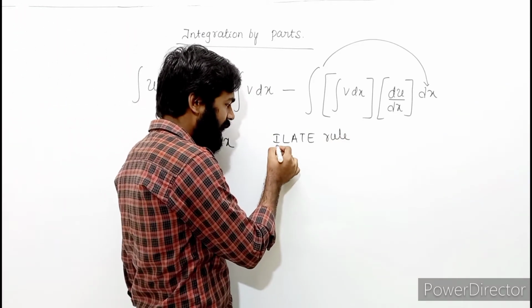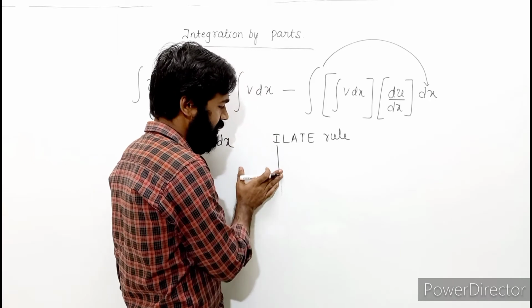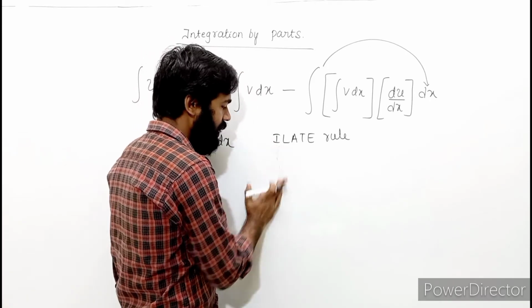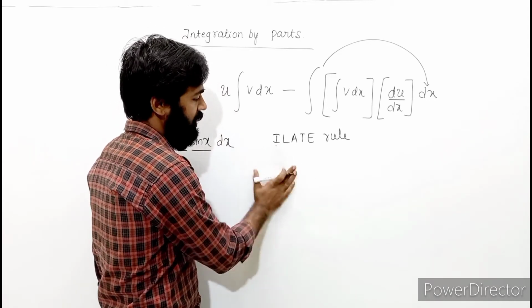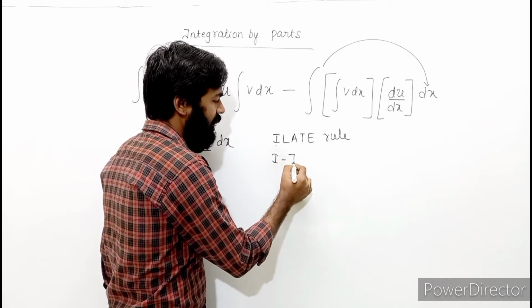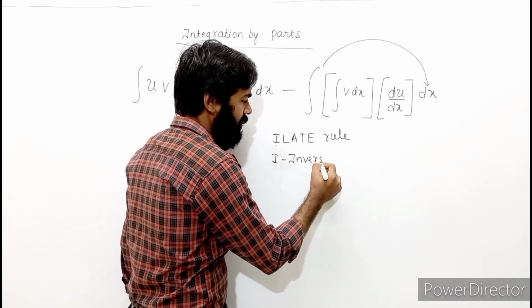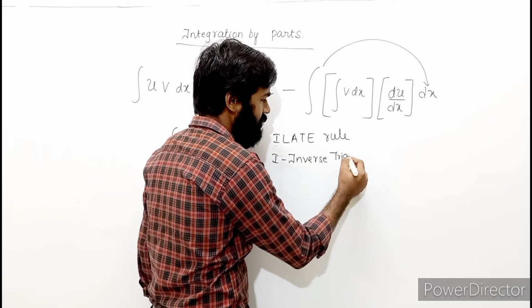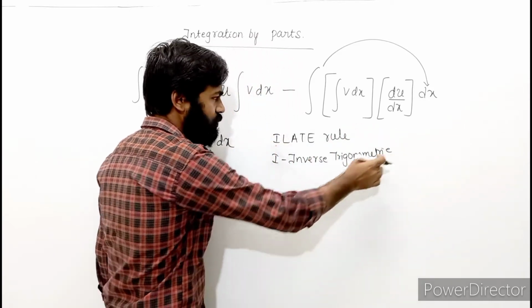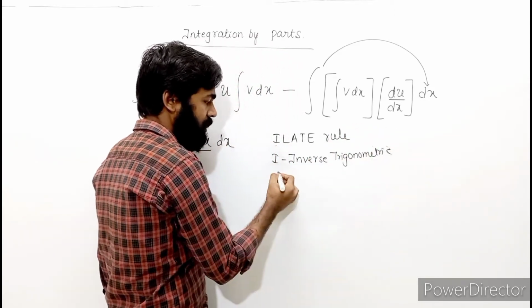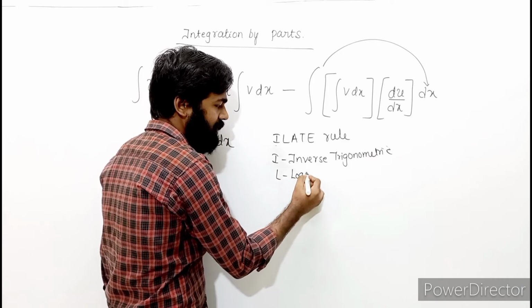Here, I means inverse trigonometric function, right? L means logarithmic.